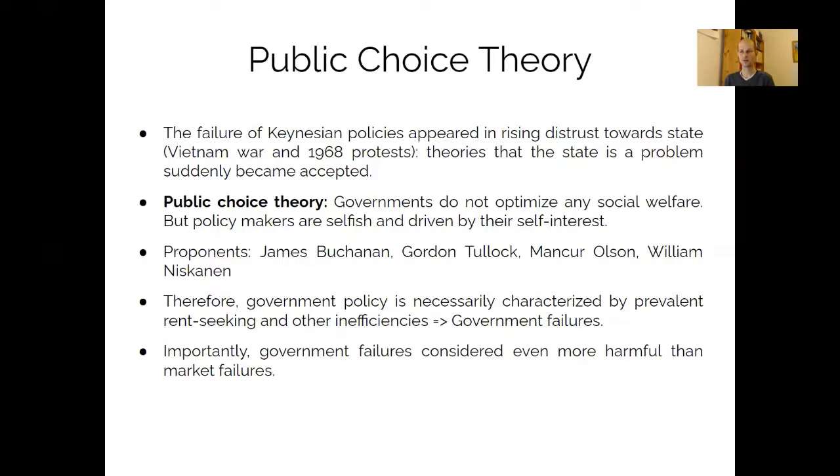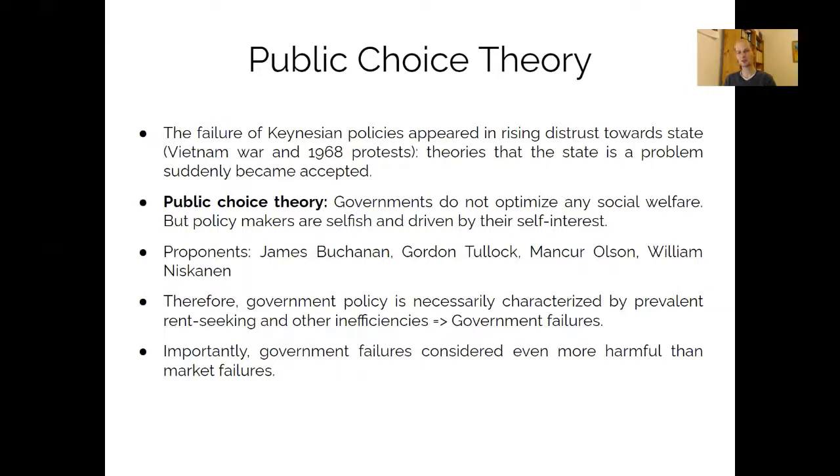They call these government failures, and they argue that government failures might be much more harmful than market failures. And additionally, the market failures are simply inevitable, they just happen in capitalist economies. But the state failures can be prevented by limiting the role of the state.